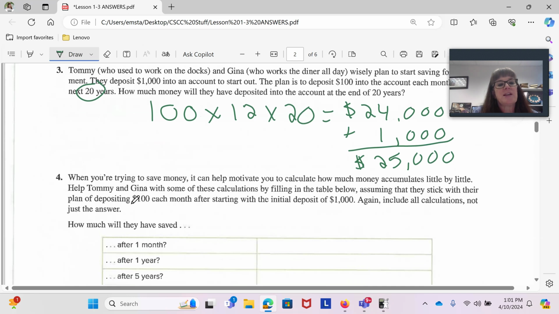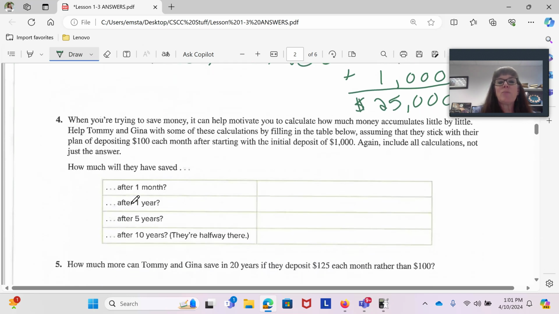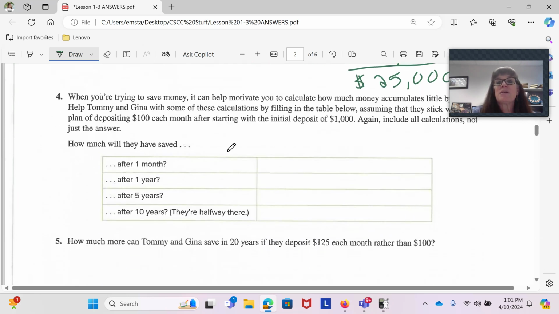Number 4 says, when you're trying to save money, it can help motivate you to calculate how much money accumulates little by little. We're going to help them with these calculations by filling in the table below, assuming we stick with $100 per month and the initial deposit of $1,000. So after 1 month, they have the initial $1,000 they invested, plus the $100 they put in that first month.